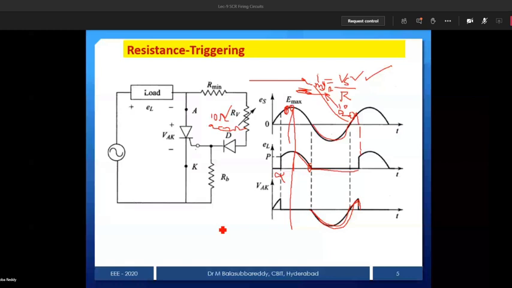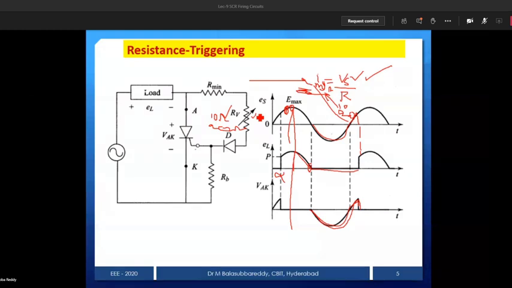Then what is the drawback here? You can see that if you increase the RV value to a very large value, then what will happen? If I use a large value of RV, sometimes the device will never trigger, because a large RV allows very little current, therefore it will require more voltage, but the maximum voltage I can have is only E maximum.